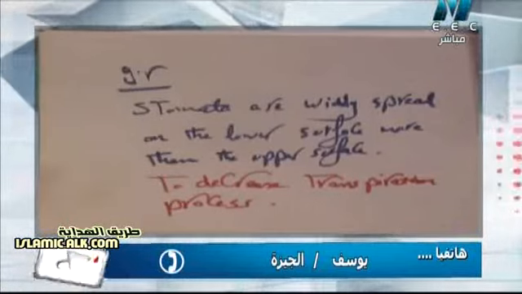So again, stomata are widely spread on the lower surface of the plant leaf to decrease the transpiration process, or to save water for the plant. Because if the stomata are found in large number on the upper surface, the plant will surely lose a large amount of water, so it will not save water and the plant may die. Okay, Yusuf?